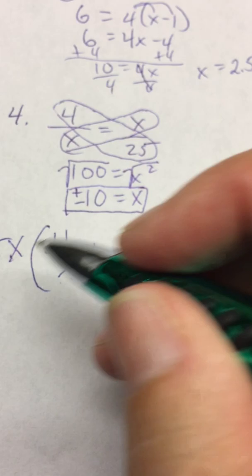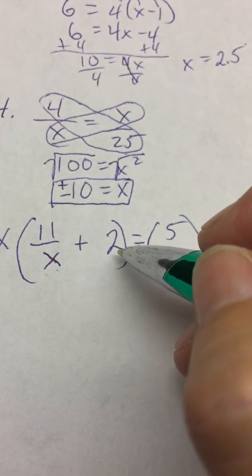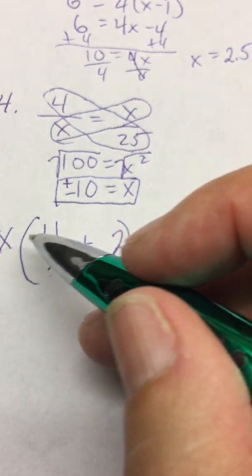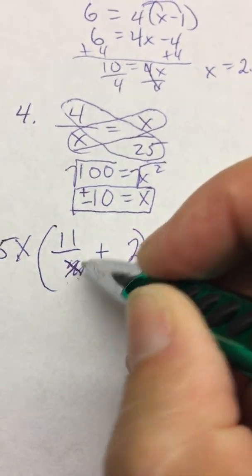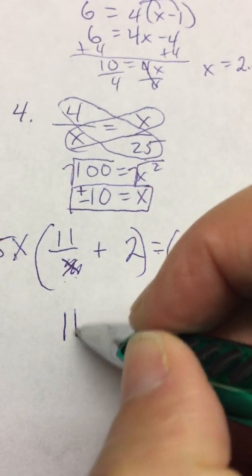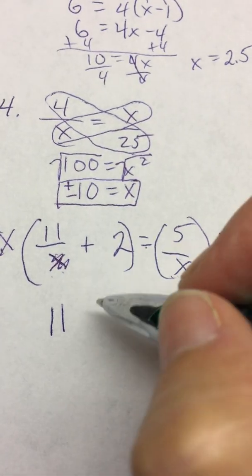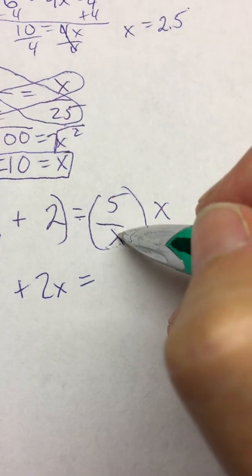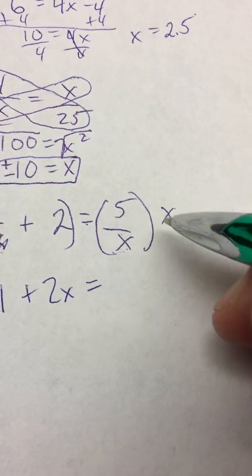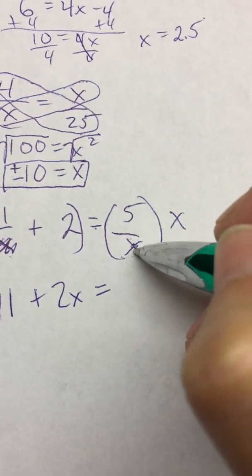And remember, I put parentheses around it because I'm going to distribute x times the first one and x times the second one. So if I do x times this fraction, is there an x on top and an x on bottom? Yes, so they're going to cancel out, and I'm going to be left with just the 11. X times 2 is going to be a positive 2x. And then on this side, x times this thing. I've got an x on top and an x on bottom. Are they going to cancel out?